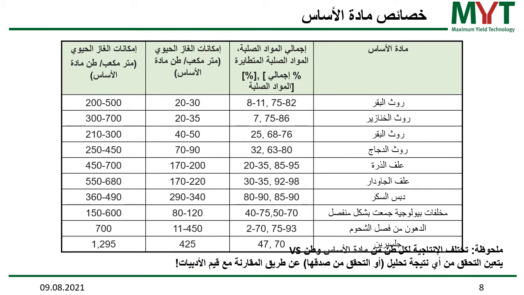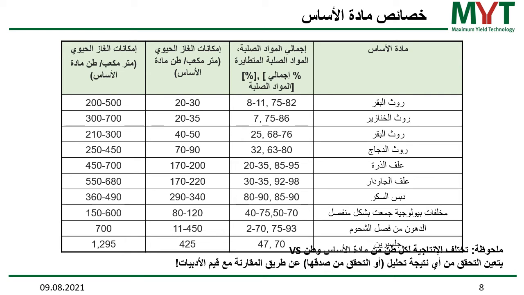Here I would like to show you some substrates in regards of their gas potential. First of all, only organic material can produce gas. That's why very often the total solid content and also the volatile solid content are used to estimate the gas potential.